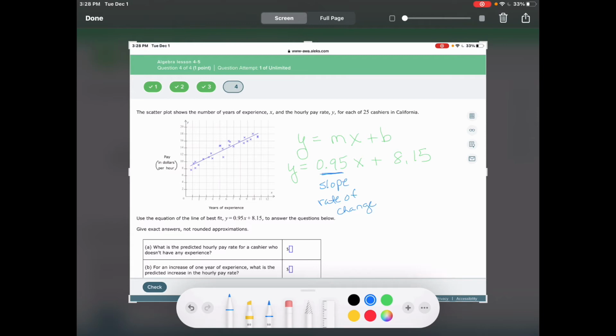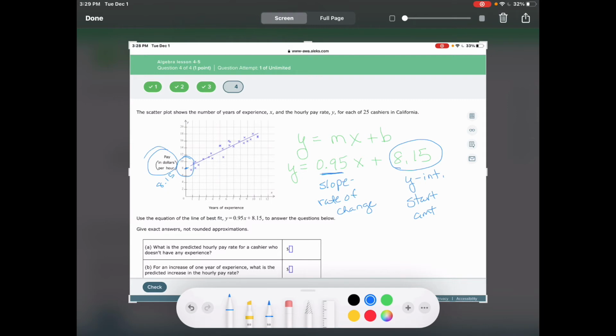That's our rise over run. And then this is our y-intercept. It is our starting amount. So if you look over here, we have a y-intercept of 8.15. And that would be my starting pay in dollars per hour, right?